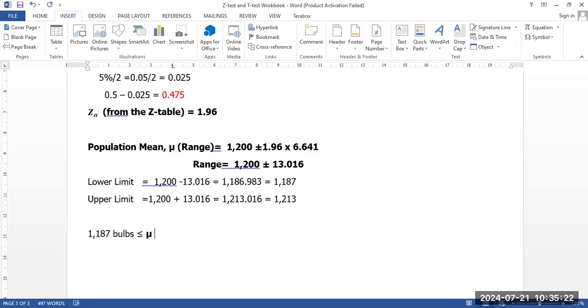Then less or equal to 1,213 variables. Are you seeing that? My conclusion? Population.